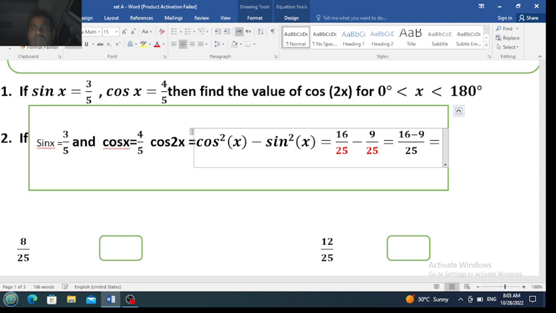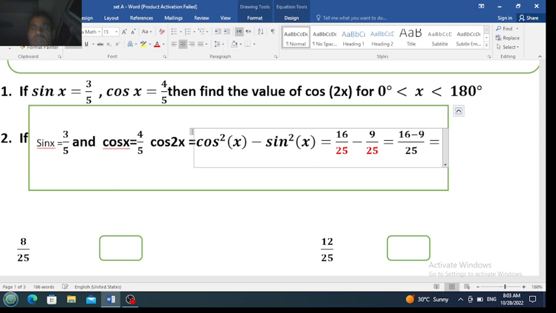The second question tells that if cosine of x is 4/5, what is the value of sine 2x?